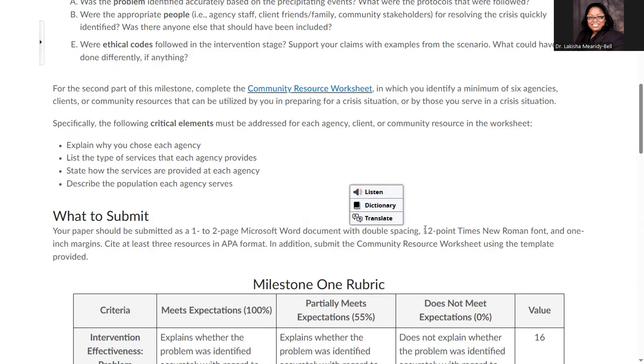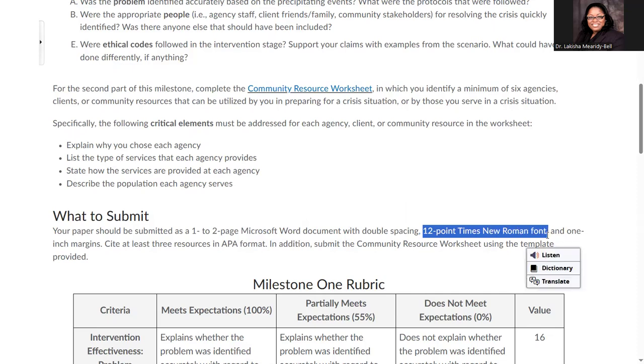Remember, all assignments are typed using 12-point Times New Roman font. That is current APA font. And your margins are 1 inch all around. You can YouTube how to make your margins 1 inch all around and get the actual video that walks you through it. I've posted 2 videos in the announcements in your course that show how to cite and reference information as well as how to format a paper.